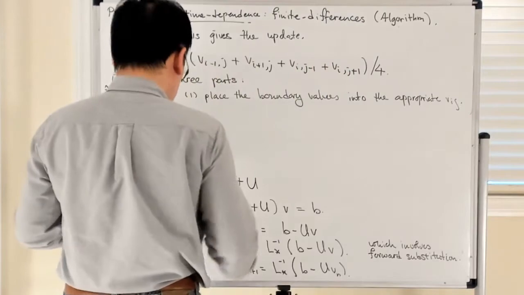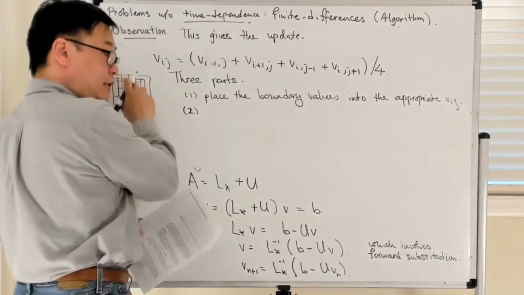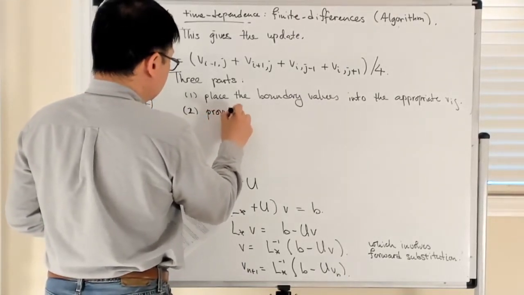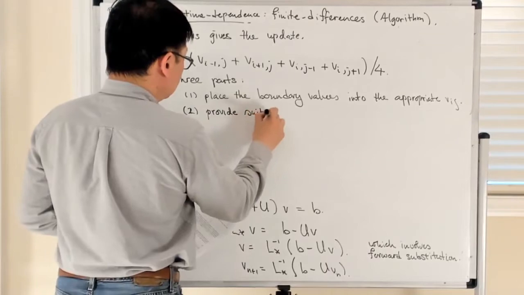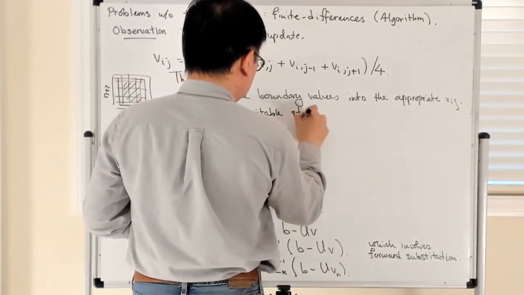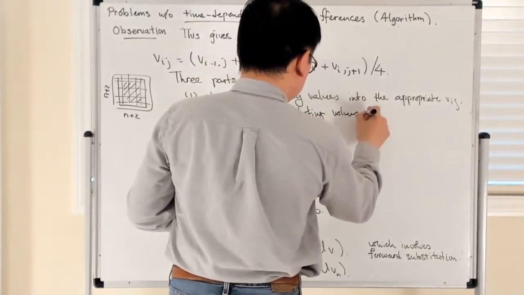The second one is to initialize the stuff in the interior, so provide suitable starting values for the interior nodes.